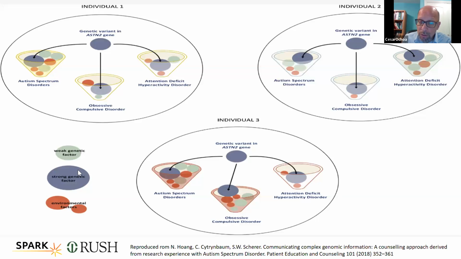So this is one of the reasons it's really important to try to identify the cause, because sometimes if you can identify the gene variant, you can anticipate the trajectory that some individuals with autism are going to follow, and also anticipate the presence of other conditions like a seizure disorder. You cannot say if somebody's going to have a seizure disorder, but you can at least have an idea if they have more risk for having a seizure disorder or other conditions.